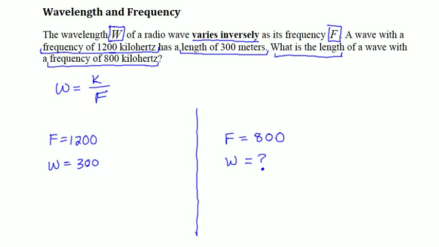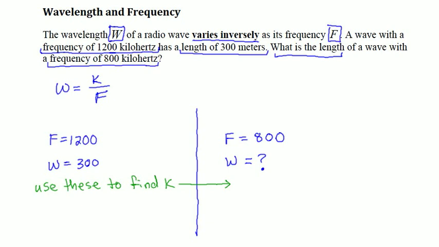I would never put this 800 for frequency with the 300 for wavelength from the first ordered pair. So I'm going to use the first ones to find K, and then I'll just bring K across to the other one. K is the only thing that comes across this line. Neither the 1200 nor the 300 is allowed to cross this line.